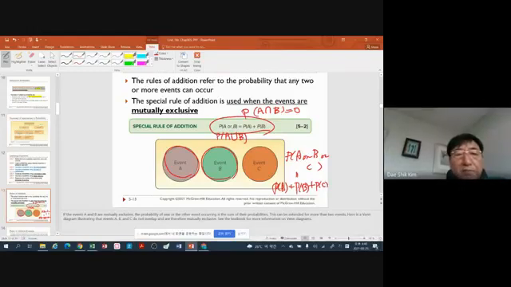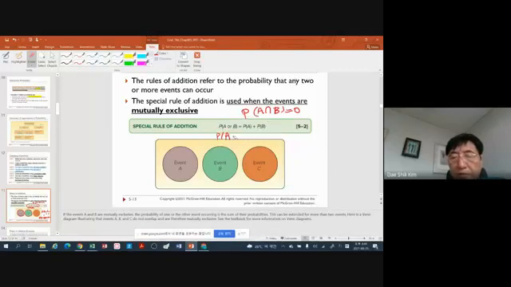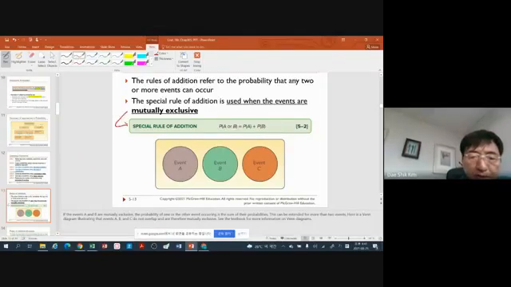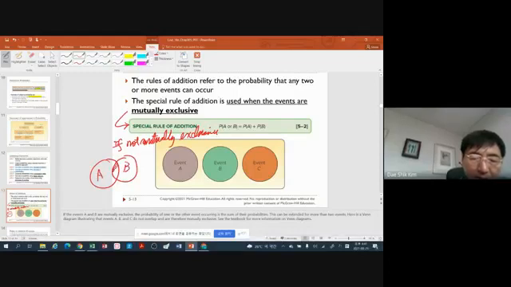Another one: if it is not mutually exclusive, what will happen? Not mutually exclusive means A and B have some common area here.